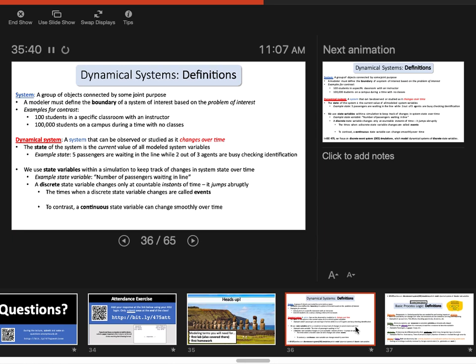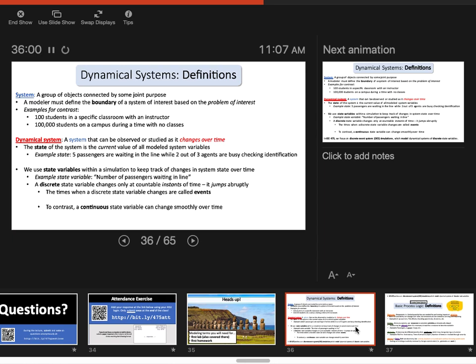Now, we referred in this class to discrete and continuous state variables. Sometimes you also hear these as discrete time or continuous time. In this class, a discrete state variable is one that can assume any value, but only jumps at countable instants of time.